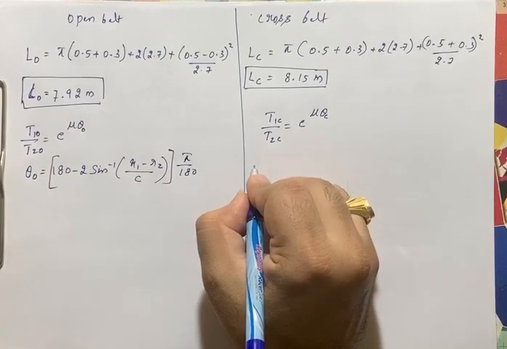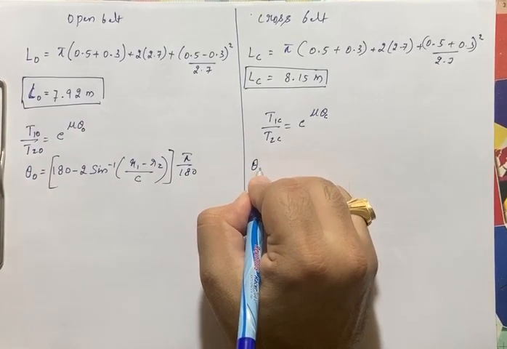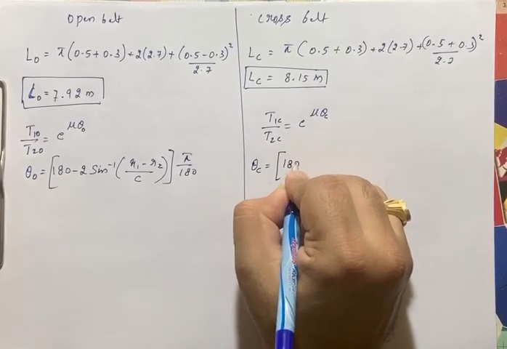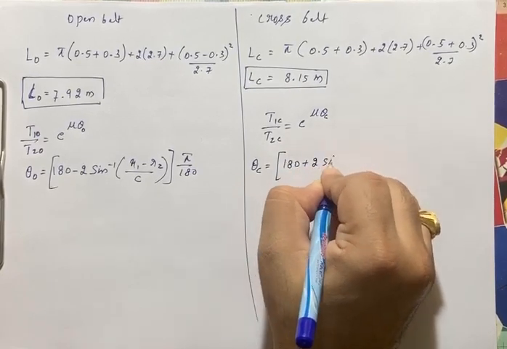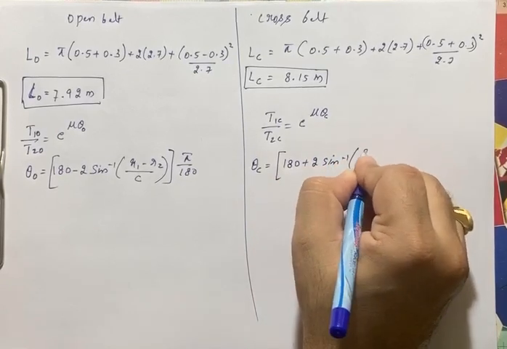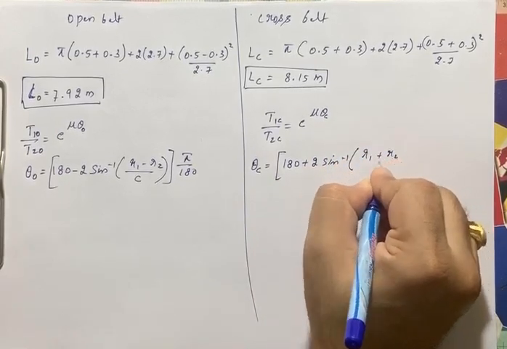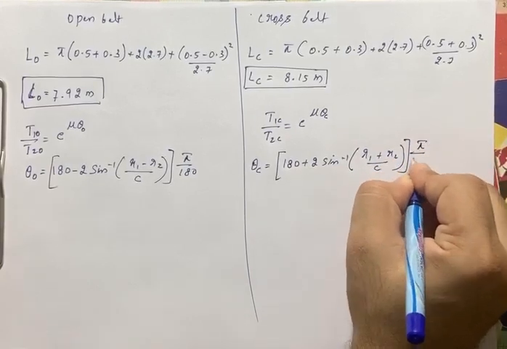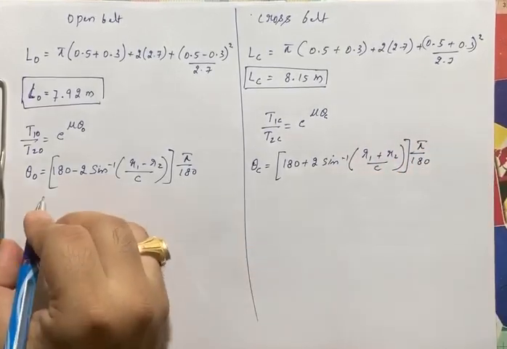Similarly, for a cross belt drive, the angle of contact theta C is 180 plus 2 sine inverse of R1 plus R2 divided by C into pi by 180 here. Now substitute the values.